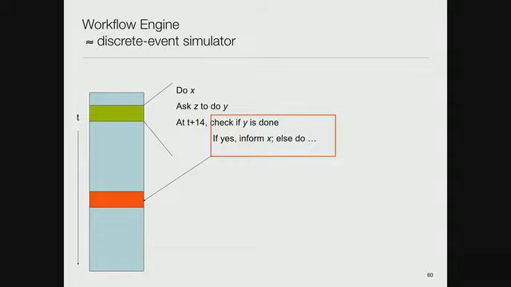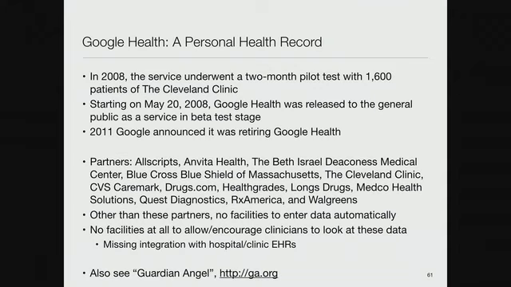And if not, then go notify somebody or go remind somebody. And as far as I know, no hospital and no electronic record system has any capability like this, but I still think it's a terrific idea. And then I wanted to finish with a pointer to a problem that is still very much with us.